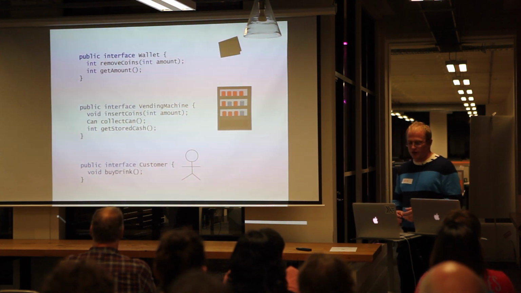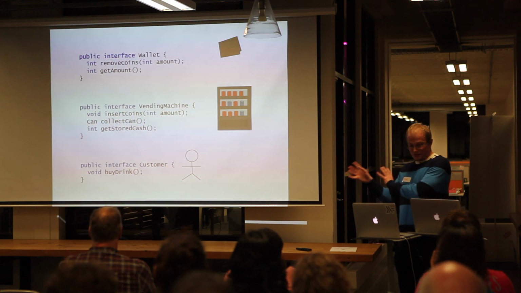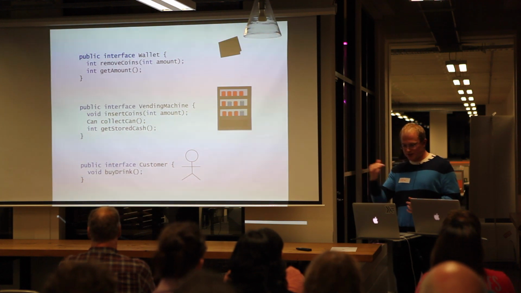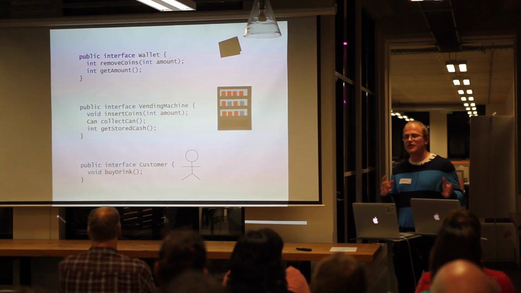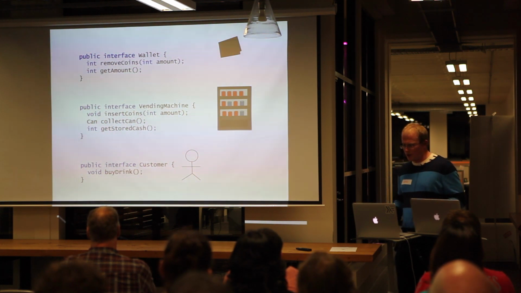So the code might look a little something like this. We've got a remove coins for the wallet and a way to query what level it's at. Insert coins, collect can, and then buy drink for our customer. It's very tell, don't ask. It's quite a conventional sort of OO setup, I think.